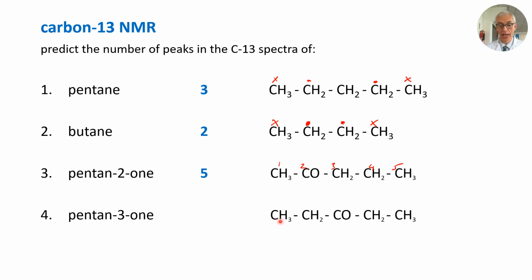Whereas if we look at pentan-3-one, the carbons of the CH3 groups are chemically equivalent, are they not? These two are chemically equivalent, as are these. So this carbon and this carbon are the same distance from the oxygen of the carbonyl group, so they are chemically equivalent. So we only have 3 different chemical environments for the carbons, so 3 peaks, 3 signals for pentan-3-one.